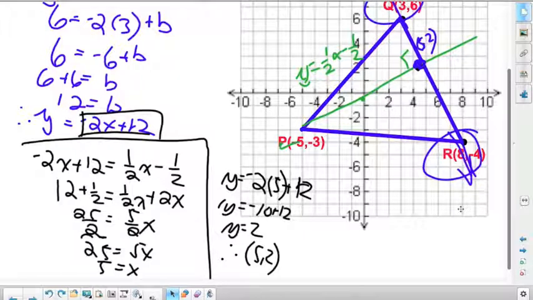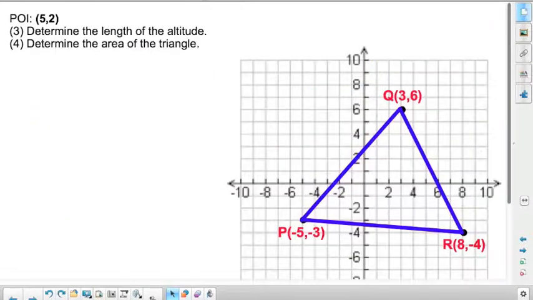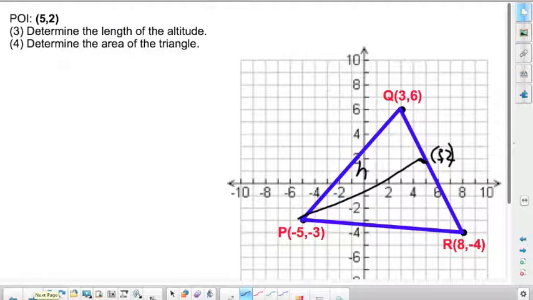Now can we calculate the length of our altitude, the length of the height, which I think was question number 3? So now we have the point of intersection, which we said was 5, 2. How do we calculate the length? Here was our height, h.